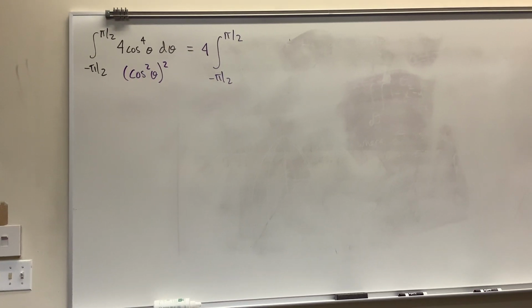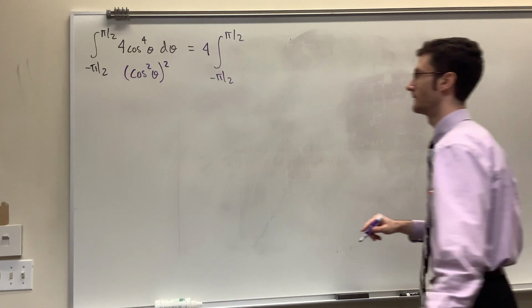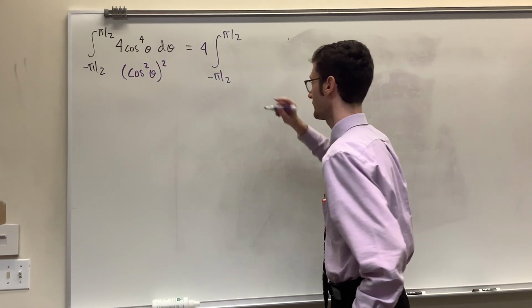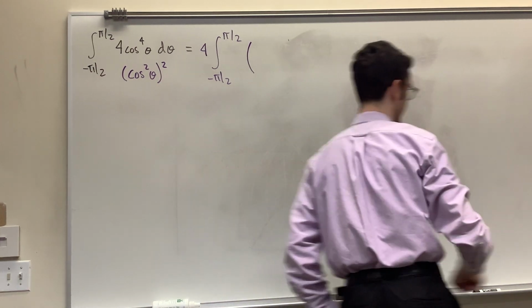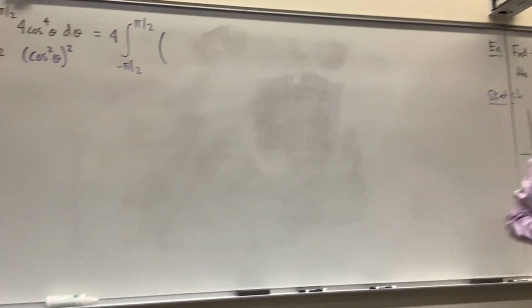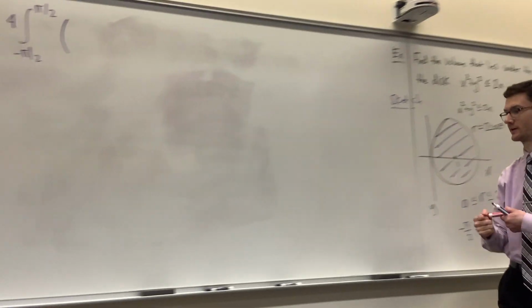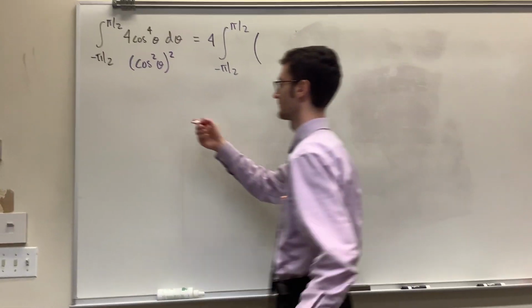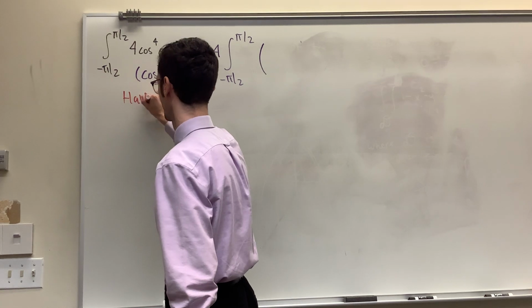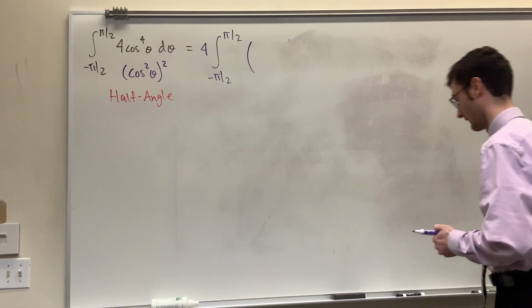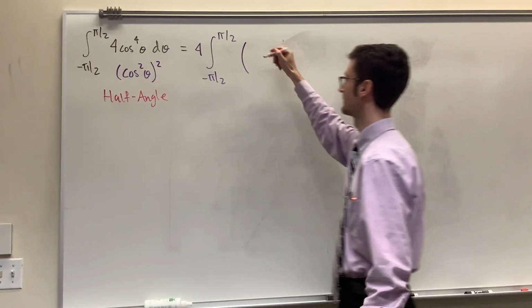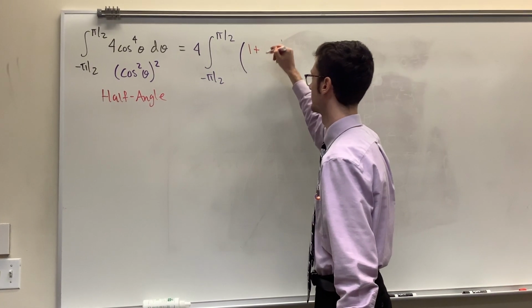Okay. So let's do it like this. Cosine squared, well, I erased it, but maybe you remembered. We're going to use the half angle formula here to open up the cosine squared. What's the half angle formula for cosine squared? 1 plus sine 2 theta divided by 2.